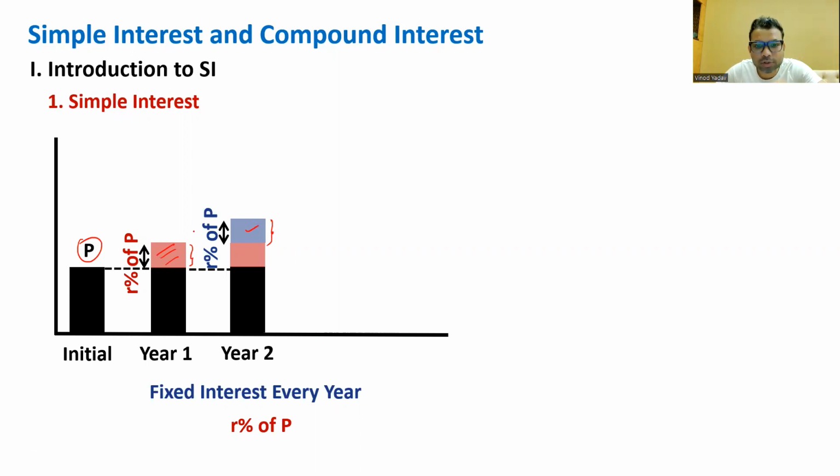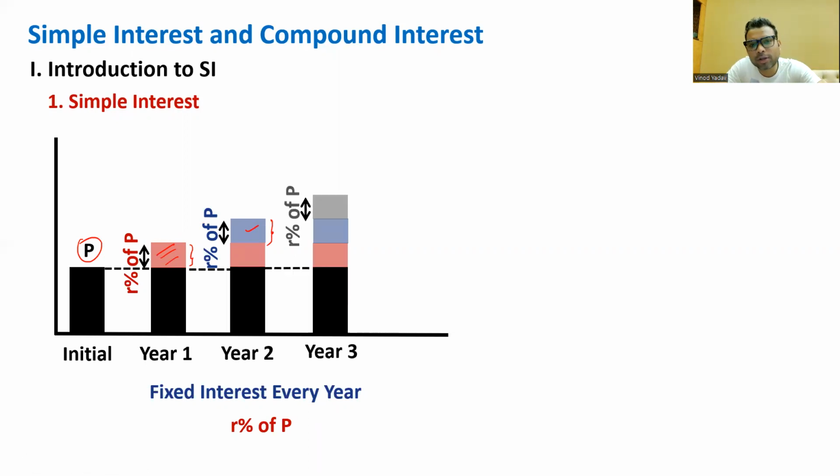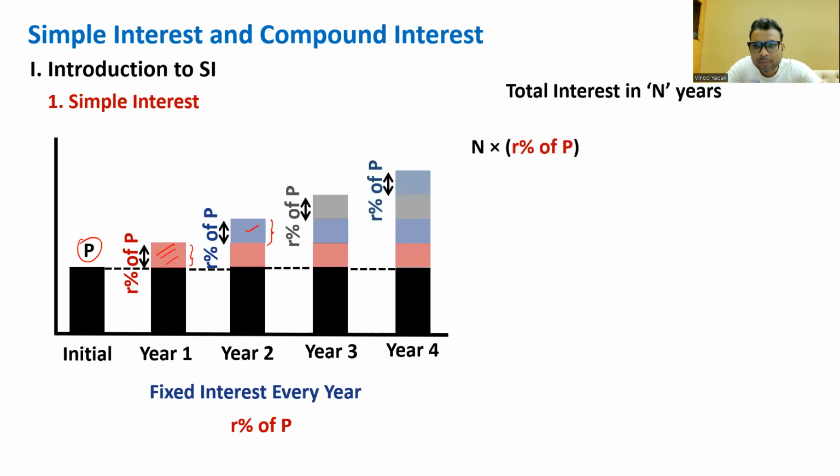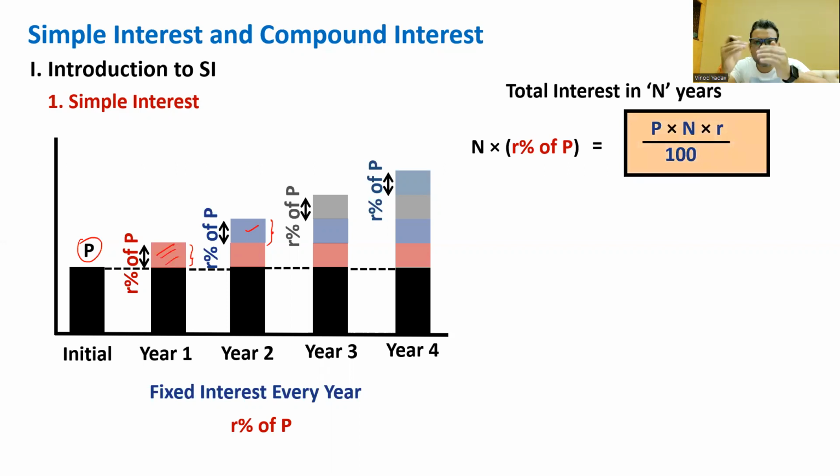So this will also not change, right? So every year it will grow by that R% of P only. So in n such years, it will be n times R% of that P. And that is how we write n times R upon 100 into P. So P, N and R upon 100, this becomes the formula for simple interest.